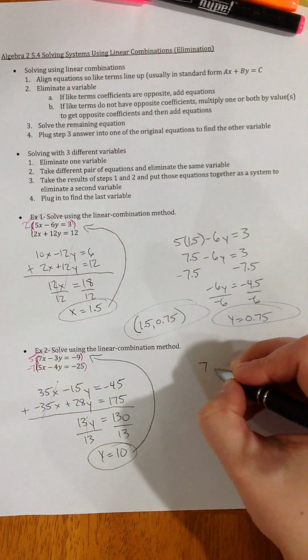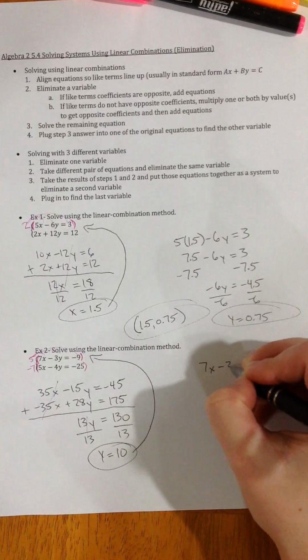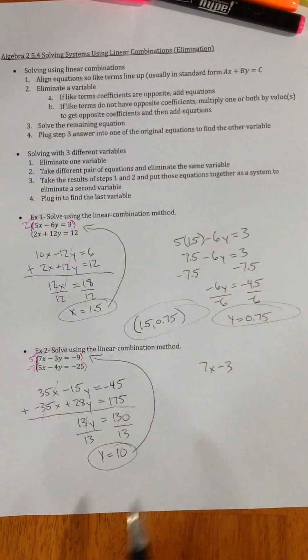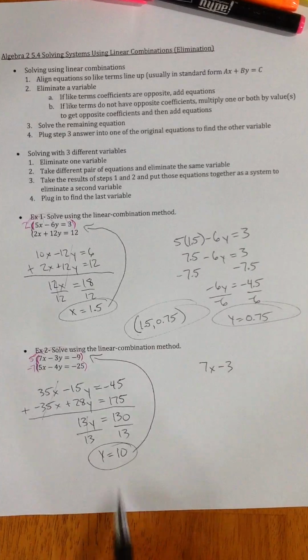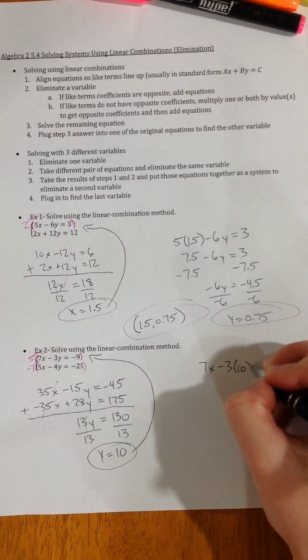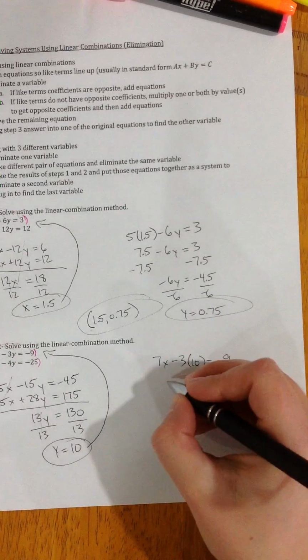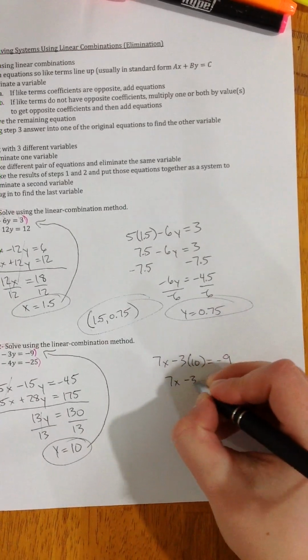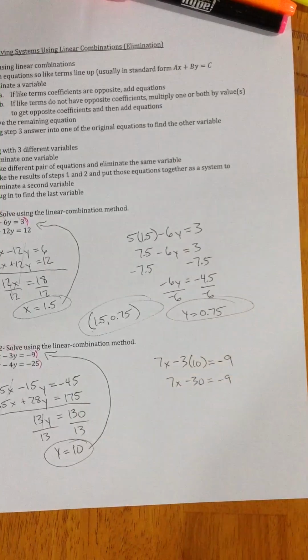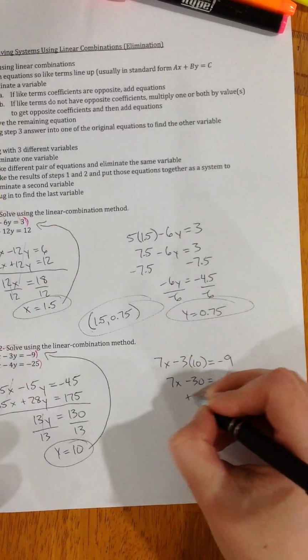And then same as before, you'll just want to take that value you just found and plug it back into one of the top ones. Again, it doesn't matter. I'm just going to go with the first one, so 7x minus 3, and then instead of the y, I'm going to put the 10 in there. It's equal to negative 9. So that would be 7x minus 30 is equal to negative 9, and then add 30 to each side.